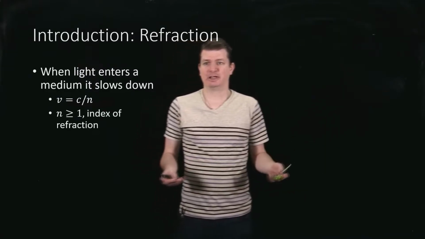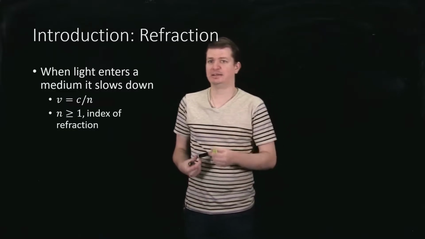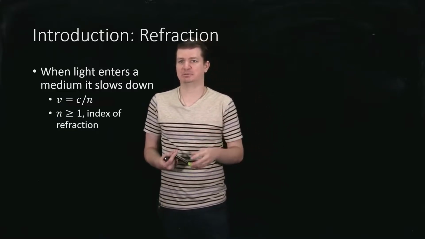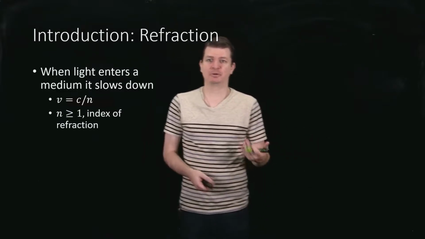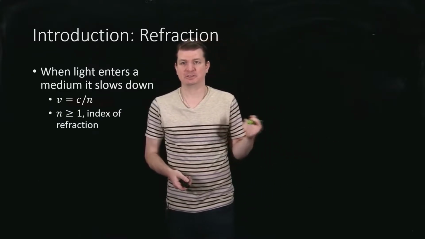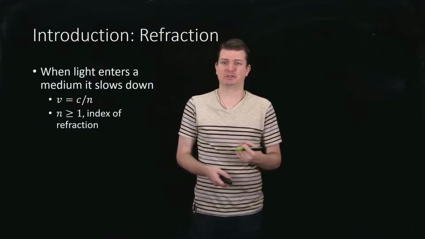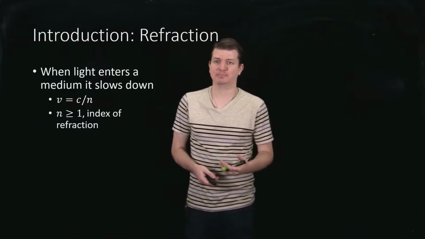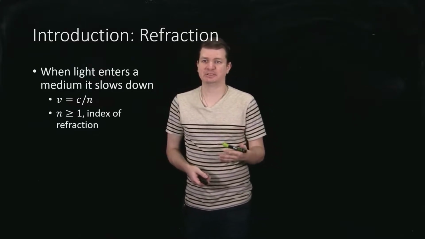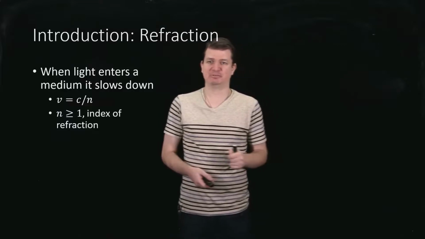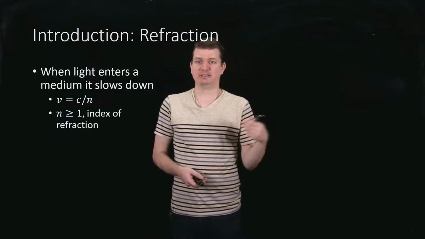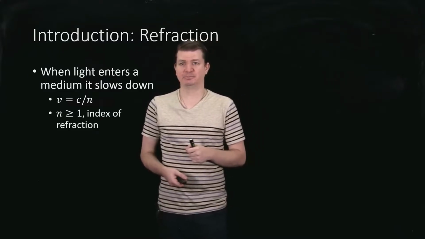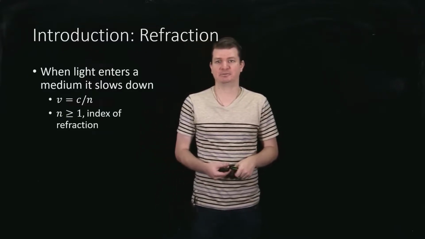So basically any and all mediums possible will slow light down through this extra interaction. We quantify exactly what's going on with that medium by something which we call the index of refraction, n. It changes the speed of light in the medium, which we'll call v, to be c, the speed of light in vacuum, divided by the index of refraction.